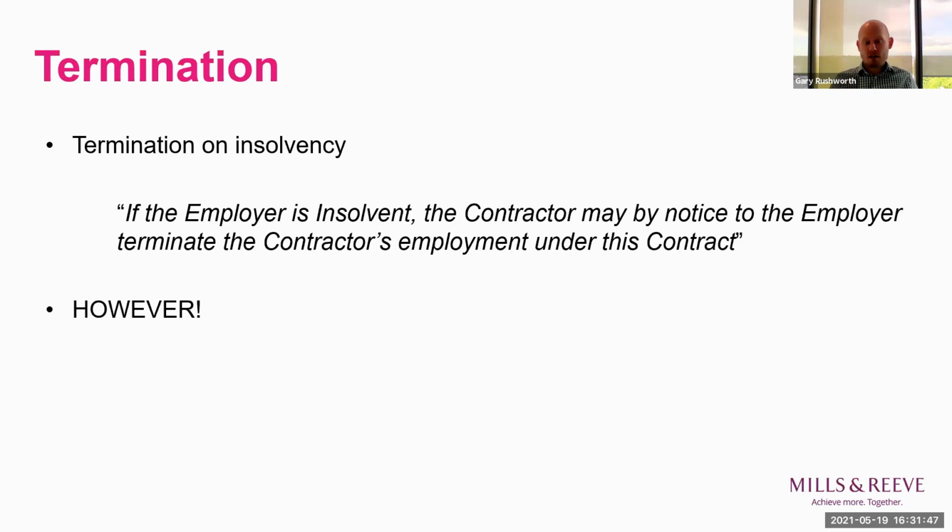But, as Neil is going to discuss, SEGA does affect some contractual rights of termination on insolvency, regardless of what your contractual terms say. The legislation also introduces a couple of new insolvency procedures, and the standard forms haven't yet been updated to refer to them, so that might also cause a few issues. But Neil is the expert on all of this, and I don't want to steal his thunder, so I'll pass you over to him and he can explain a little bit more.